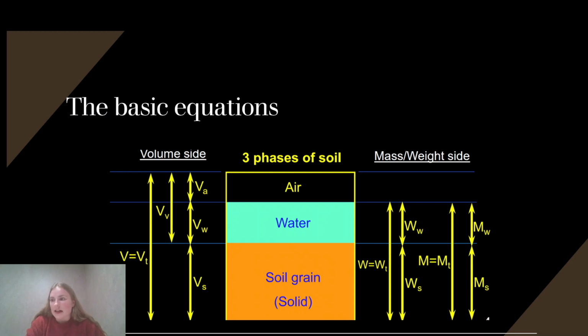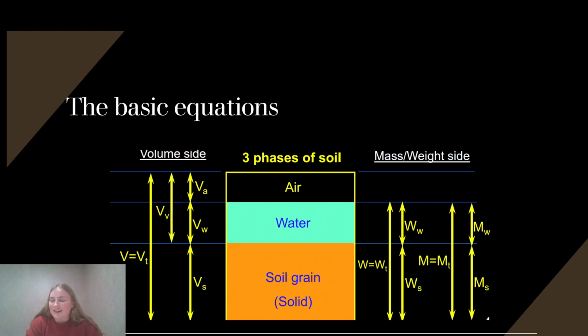The mass is slightly different, but it's still logical. So the total weight or the total mass of the sample is just the soil plus the water of the sample. The air in the sample doesn't contribute to any mass or weight, however it just takes up space in the voids when the sample is not fully saturated.